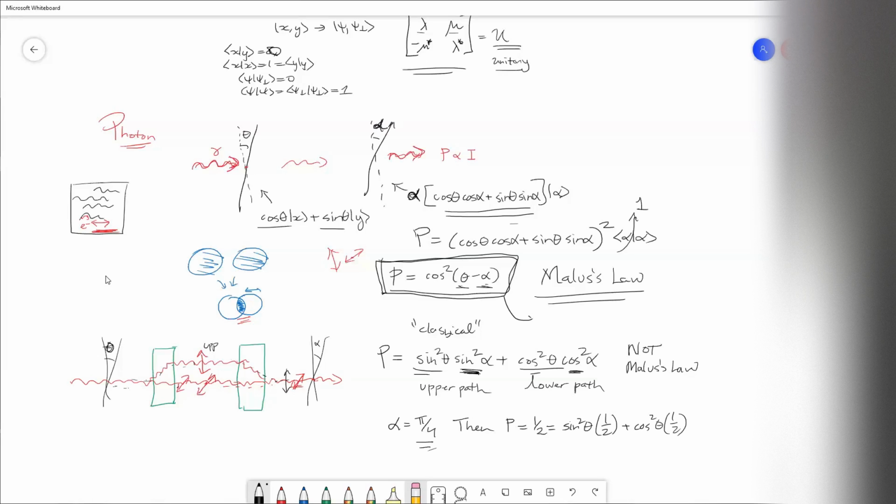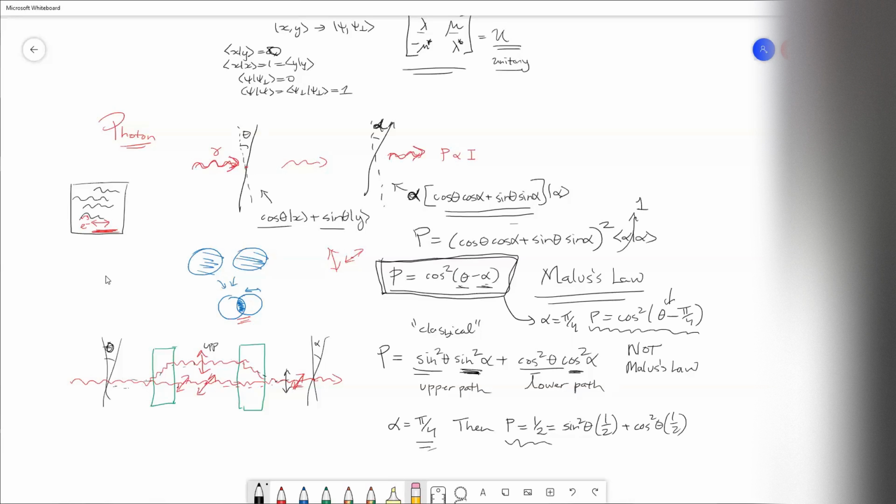But here, what do we get? Alpha equal to pi over 4 gets you cosine squared of theta minus pi over 4. And so this is very different, right? This is completely different from 1/2, depending on the angle theta that you come in at.